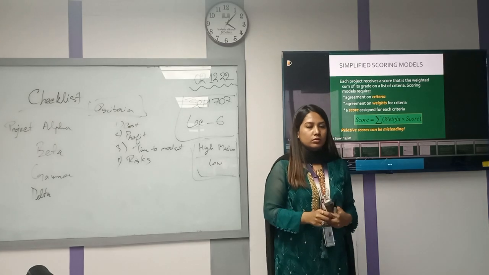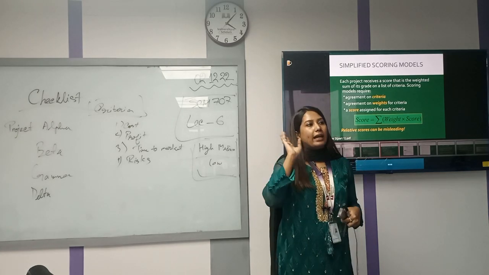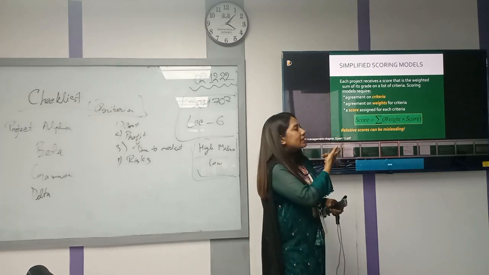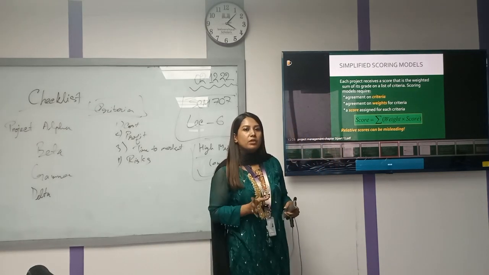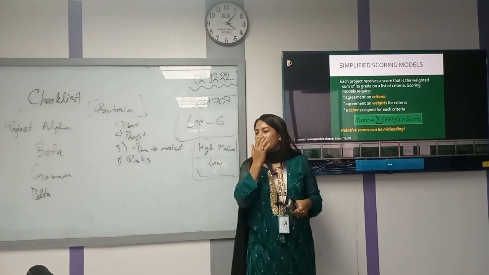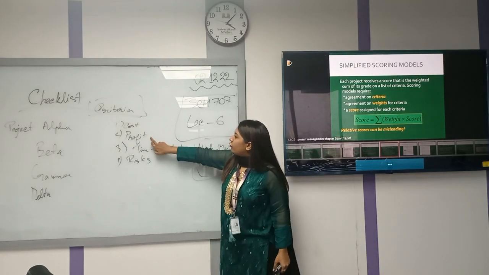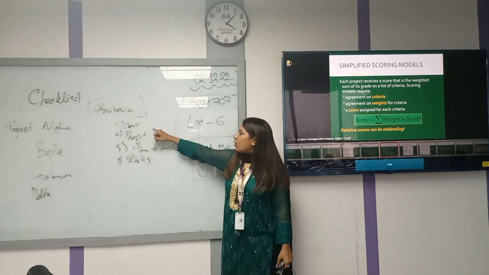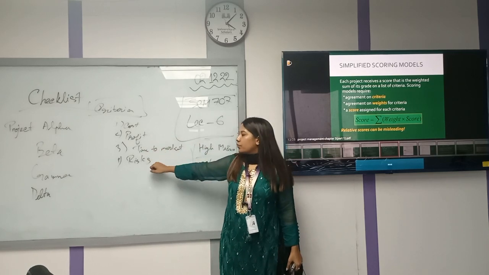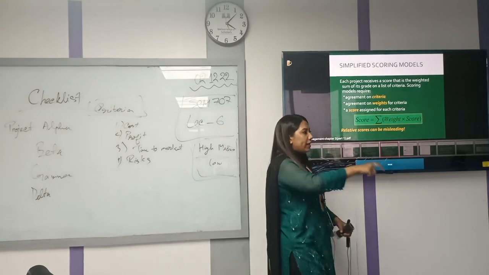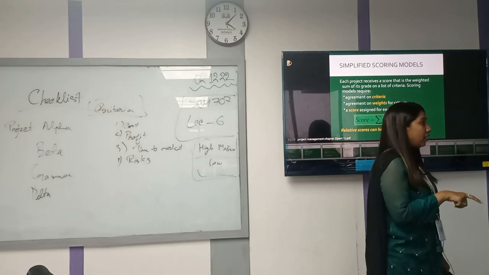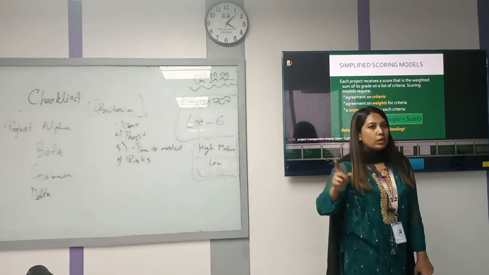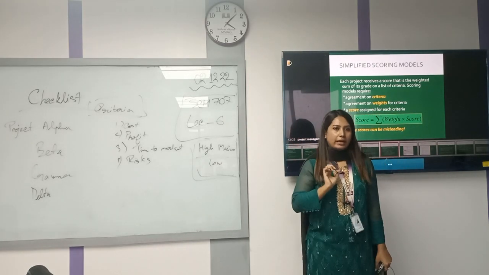No. So to overcome that, lackings আসছে কি simple scoring model, simplified scoring model, যেখানে আমরা কি করতেছি, we are giving some kind of weight to these criteria. আমরা এই cost, profit, time to market and risk এগুলাকে একটা weight assign করতেছি so that we can say which criteria is more important to me. I will put some weight to those criteria.